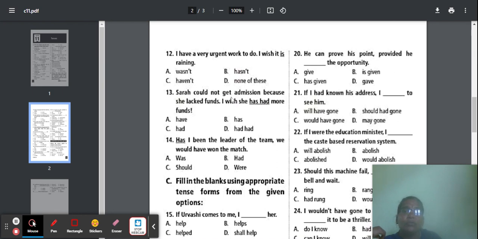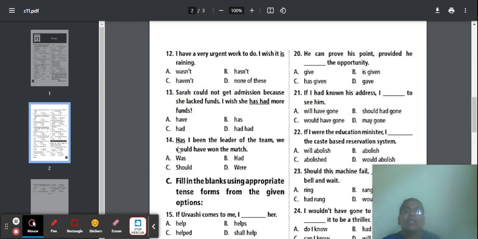So here could not get, it is completed. So completed things mean we have to use past tense. So here it is had, past perfect only we should use. So I wish she had more funds. So the answer will be option D.